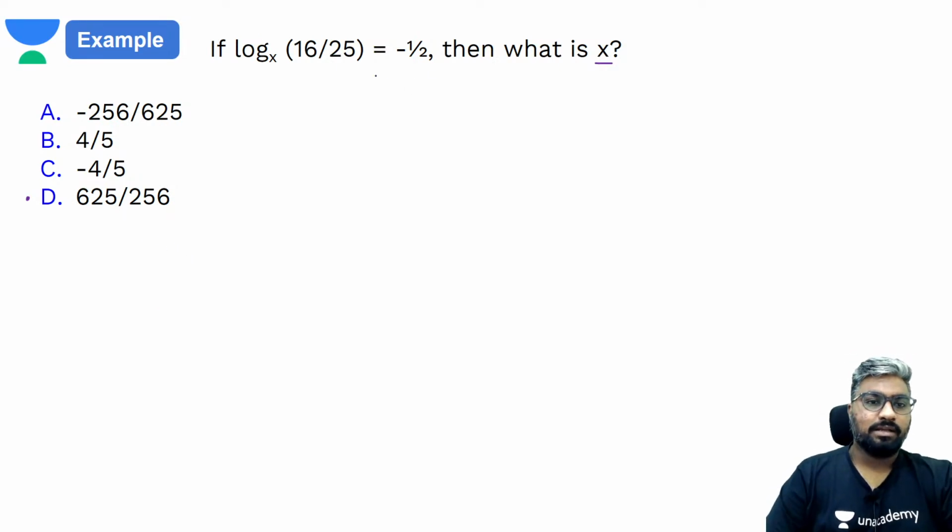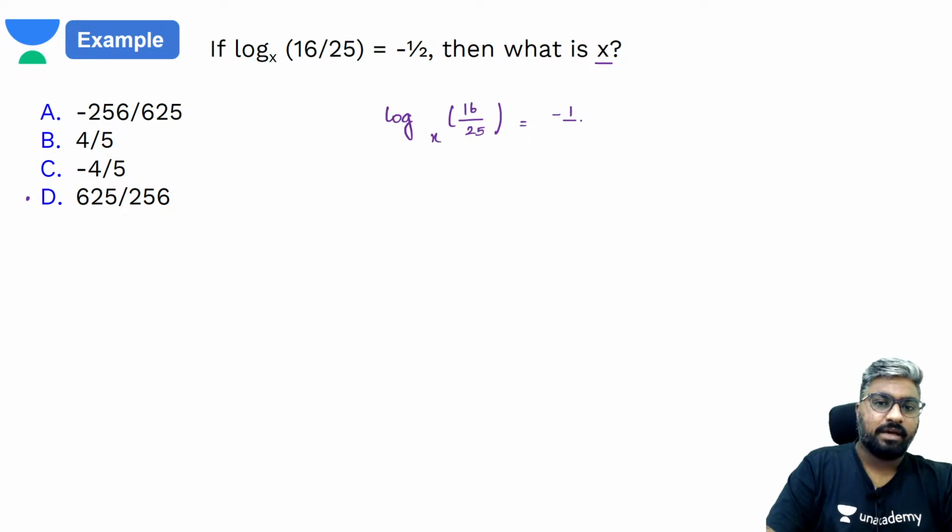So what do we do here? Same process. But if you want, you can simplify this a little bit, or you can go ahead like that itself. So what happens? Log of 16 by 25 to the base x is minus 1 by 2.